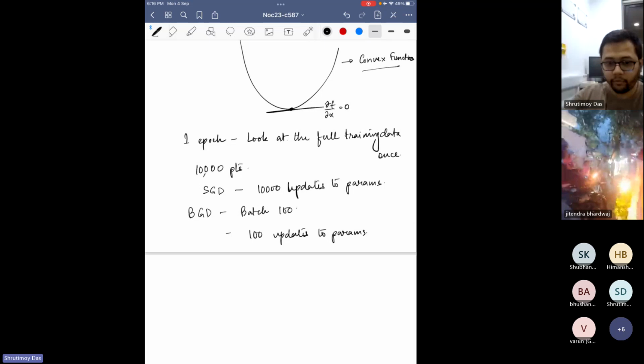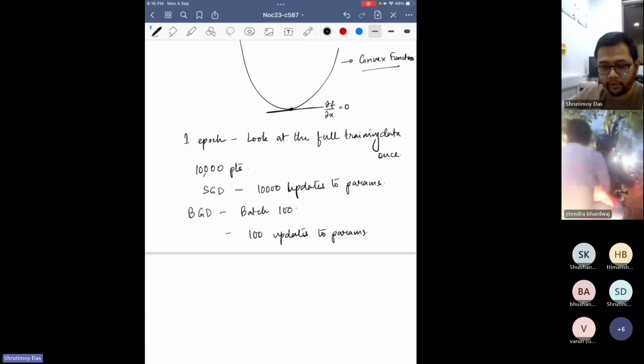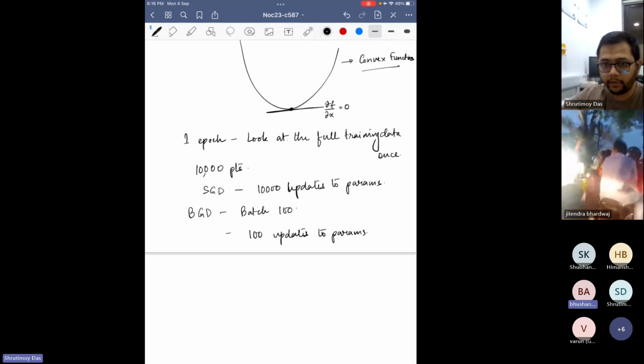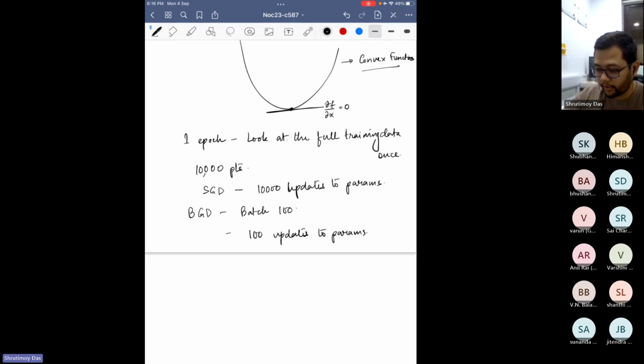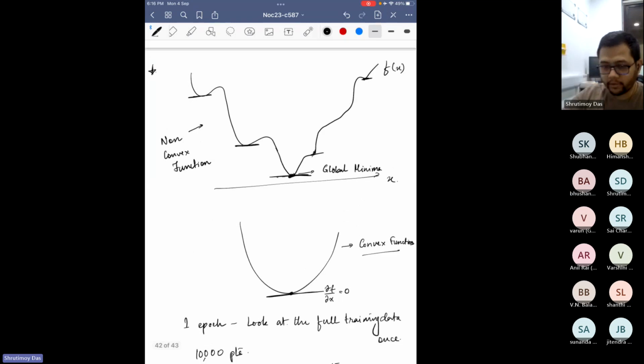The best is full gradient descent, using the full data. Stochastic gradient uses only one data point at each step, and batch gradient is in between these two. So batch gradient descent will generally perform better, but you cannot say whether it will reach a global minimum. It depends on the loss function and where you start.